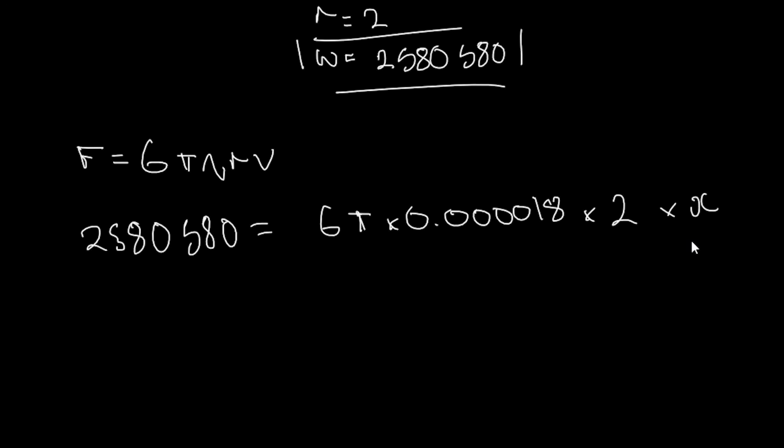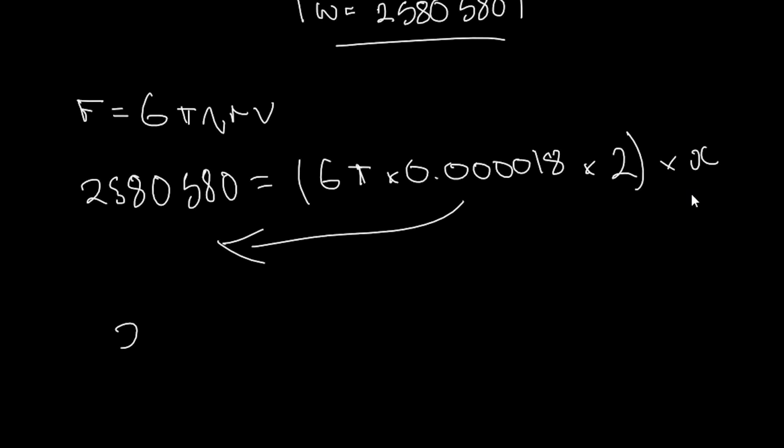Now, we've left the velocity variable blank as x because that's what we're trying to solve for. Now, to rearrange this, we simply take this block of maths and just move it over here and divide this number by this set in parentheses.